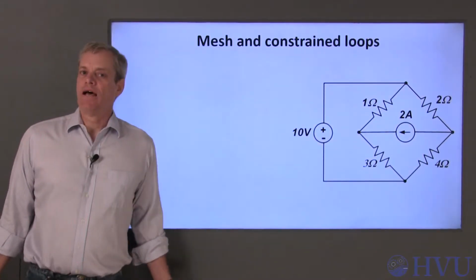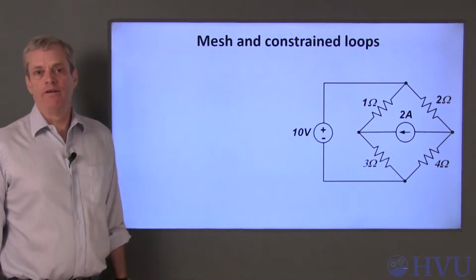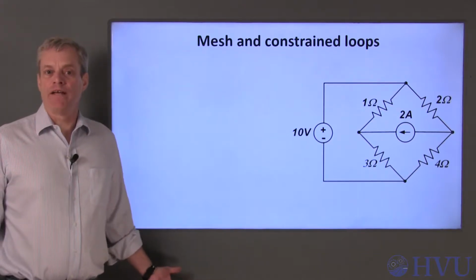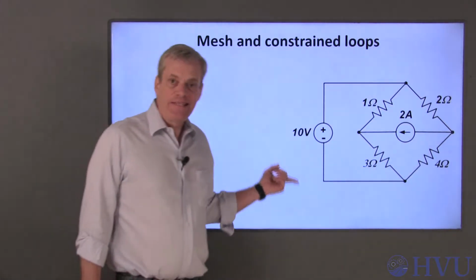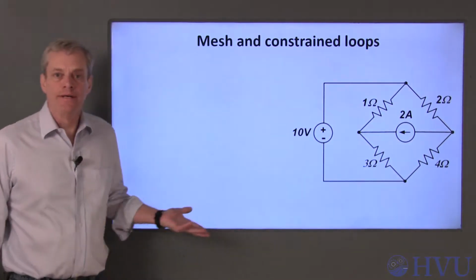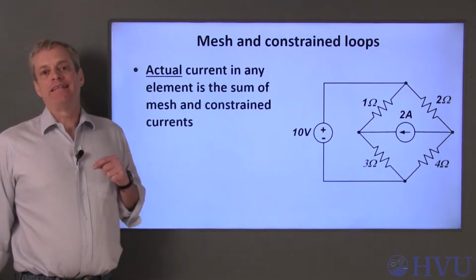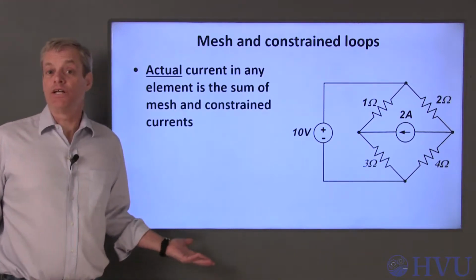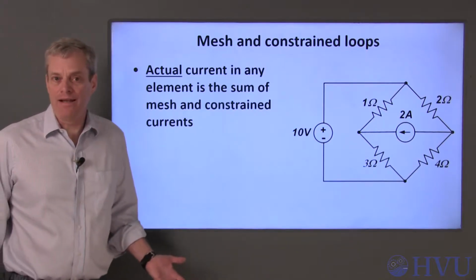Mesh analysis relies both on the mesh currents, which are our unknowns, and constrained loops, which account for known currents provided by current sources. I'll use this example circuit to explain how to choose mesh and constrained loops. First, keep in mind that the actual current through any element is the algebraic sum of the mesh and constrained currents passing through that element.